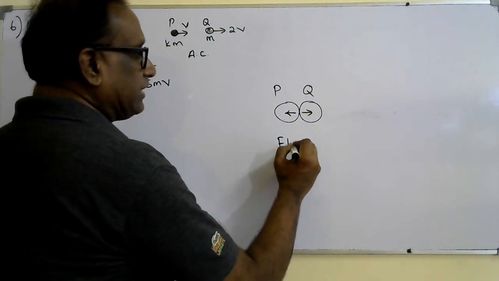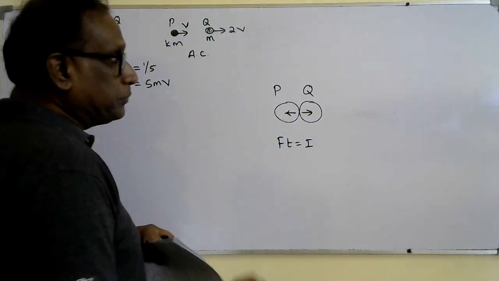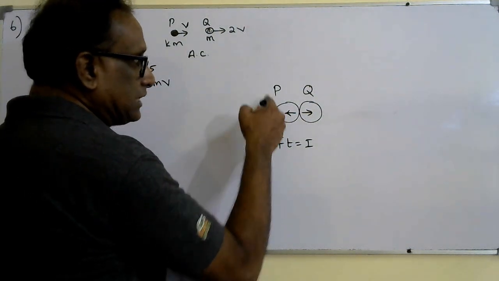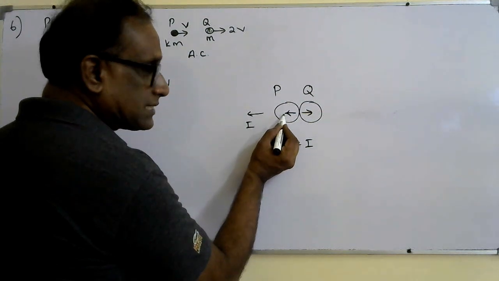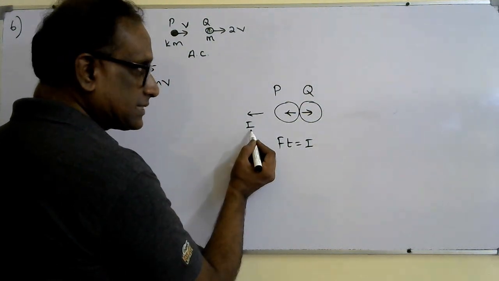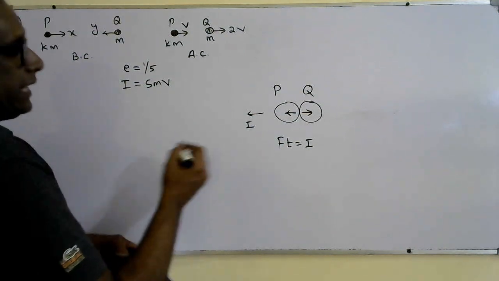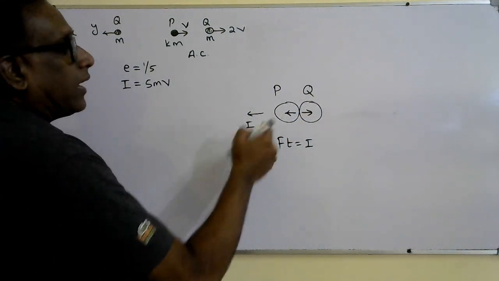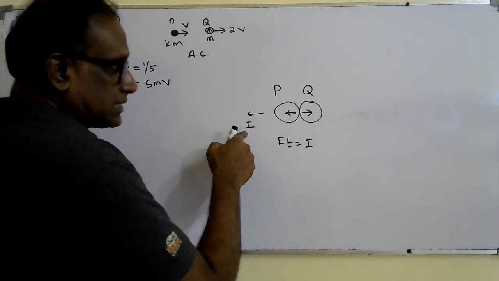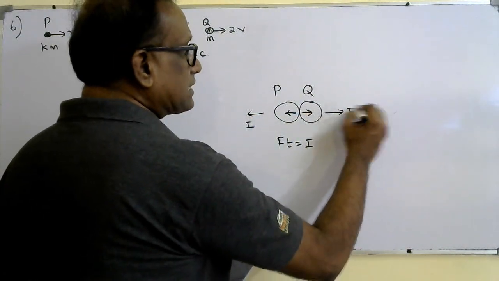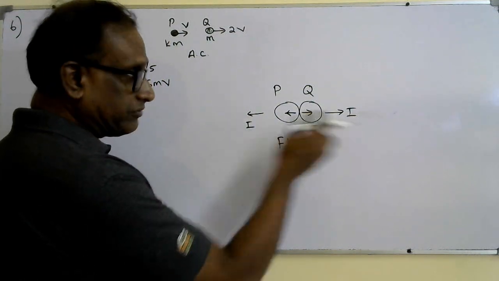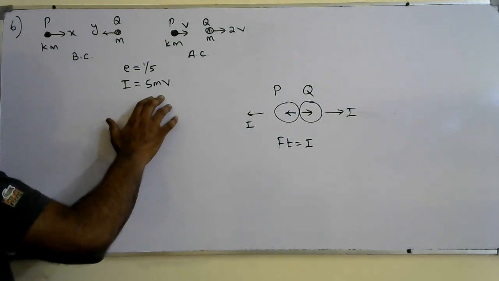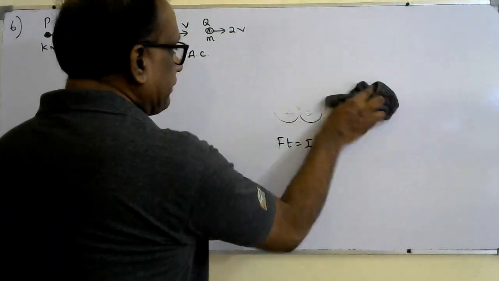Since Ft is equal to I, the impulse is in the same direction as the force. So P will have impulse towards left and Q will have impulse towards right. Anyway, I is equal to 5mv, that is the magnitude of the impulse they are telling us.